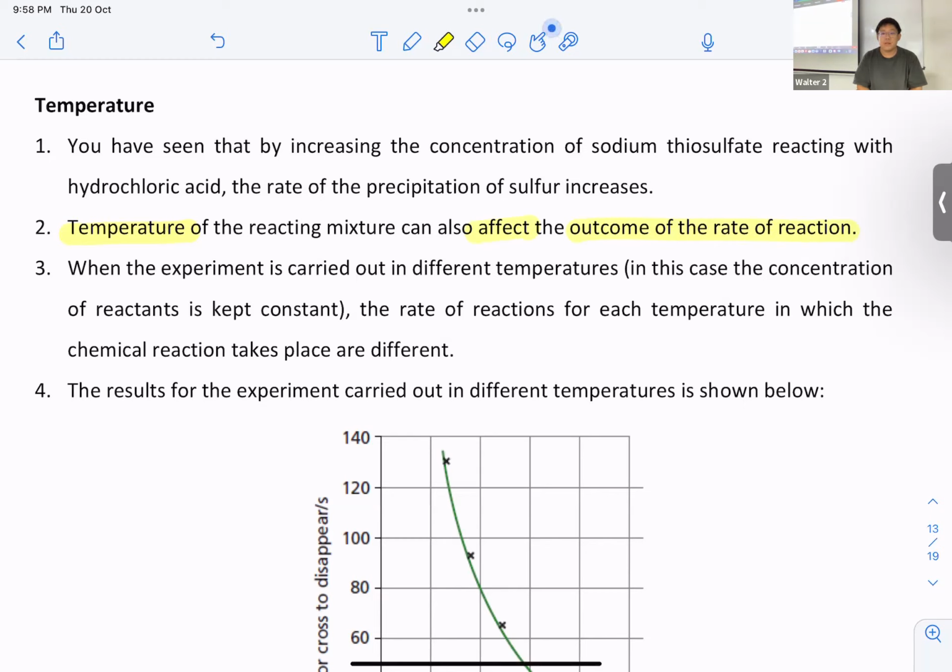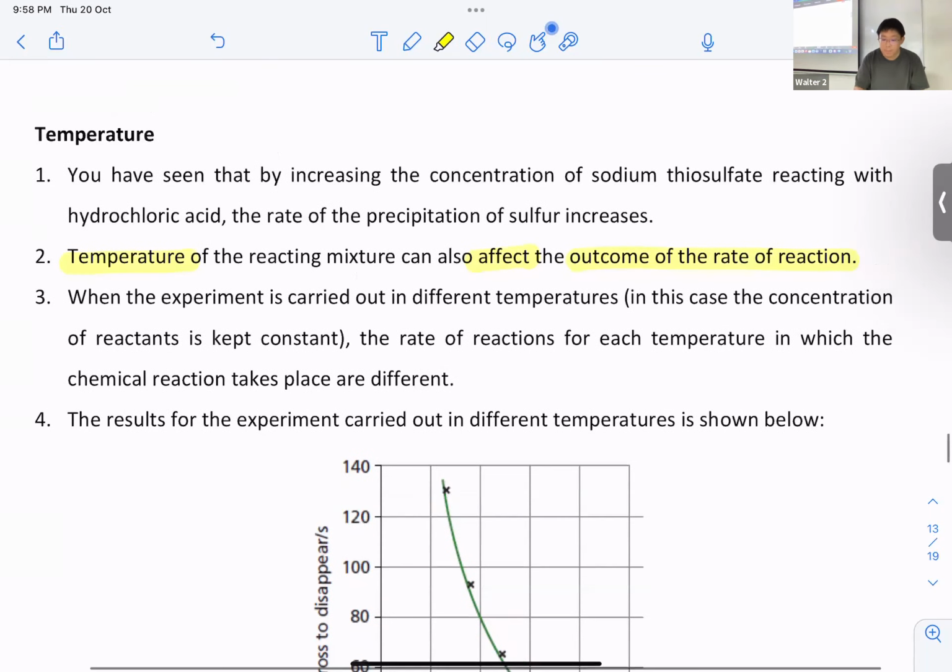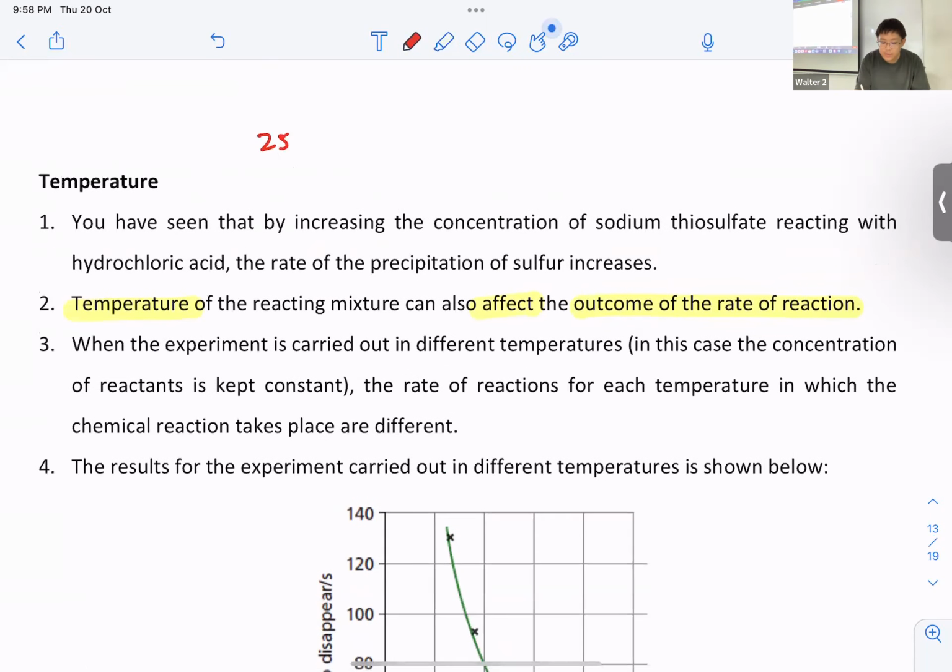All right. So when the experiment is carried out in different temperature, for example, I use different temperature of sodium thiosulfate. Maybe I use 25 degrees Celsius and I increase it to 35 degrees Celsius, then 45 degrees Celsius, 55 and so on.